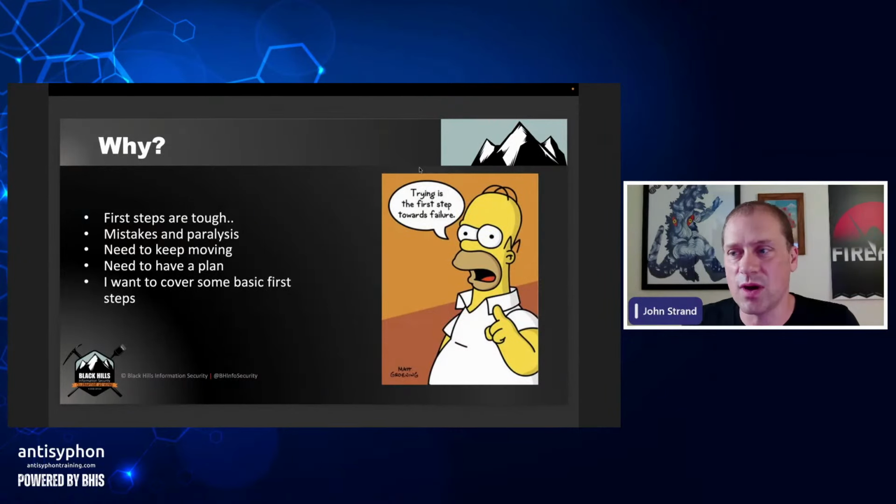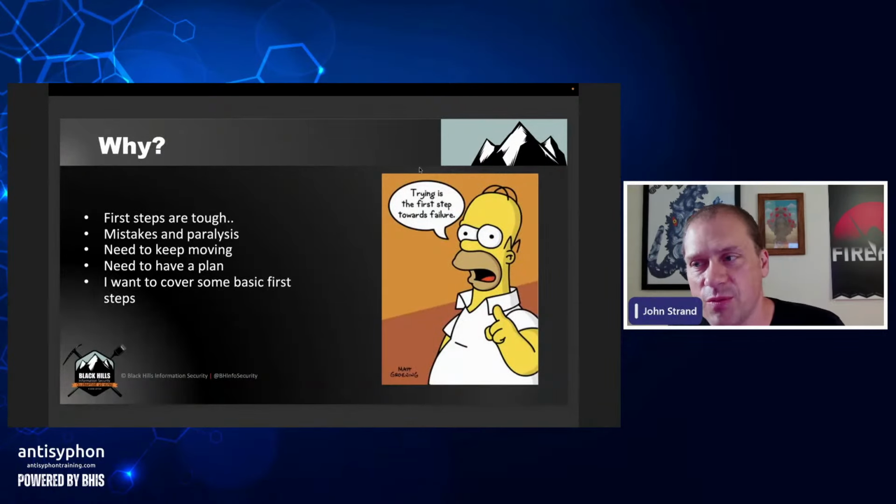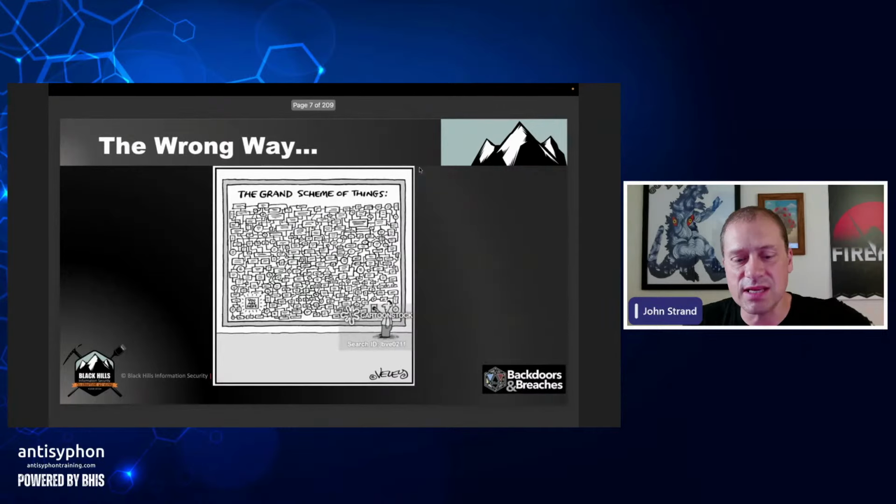All of a sudden you have an incident, you have really bad things happening, and now what are you going to do to deal with that incident? That's what we're going to be focusing on in this class as well. So, mistakes and paralysis: we need to keep moving. We need to keep going. We need to have a plan, but we need to have a plan in such a way that it makes sense, because this makes no sense.